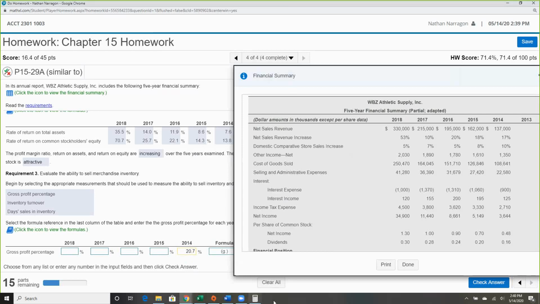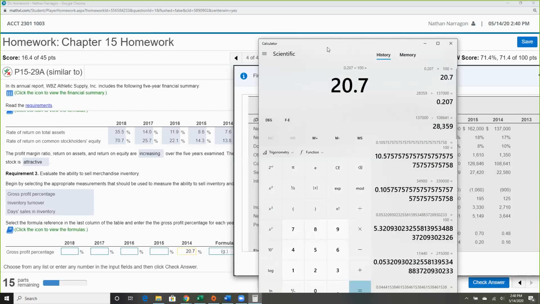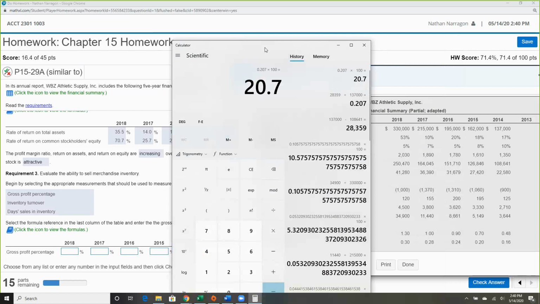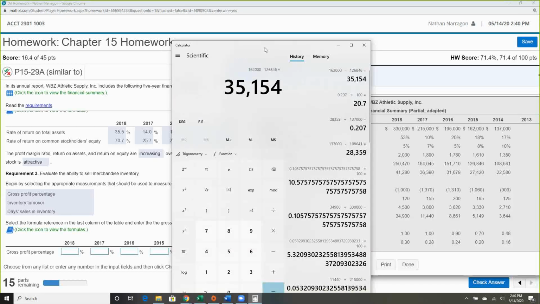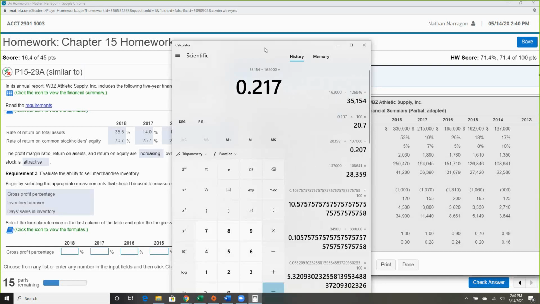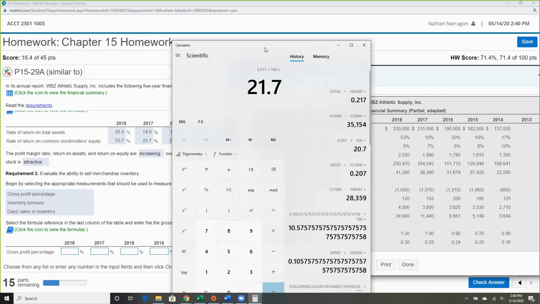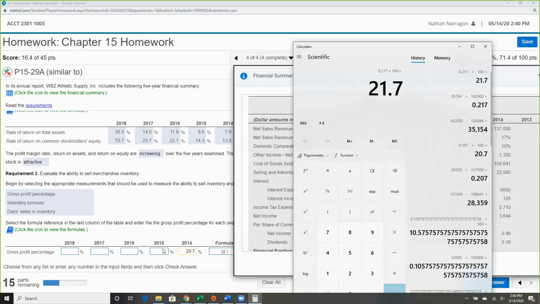Hey, a little bit of math going on. So again, taking our sales minus our cost of goods sold, and then for gross profit percentage, take that number and divide by net sales. So we're looking at 21.7%.